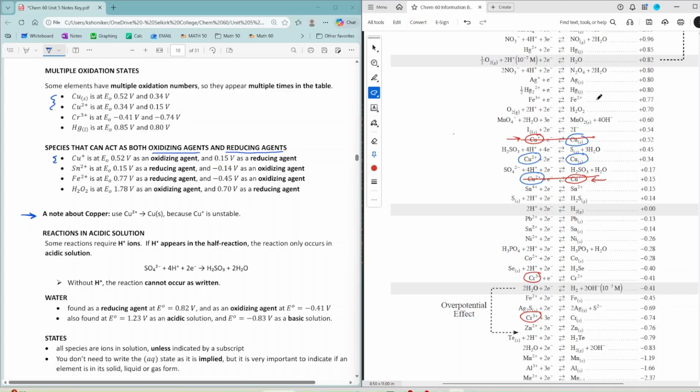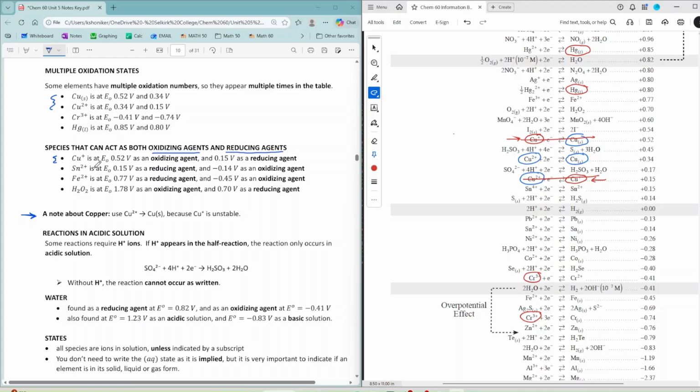Mercury is at 0.85. So up here, you've got liquid mercury. And then at 0.80, you've got liquid mercury again. And both of these are oxidation reductions. So mercury can either be oxidized to Hg2 plus, or it can be oxidized to Hg2 plus, which is kind of strange.